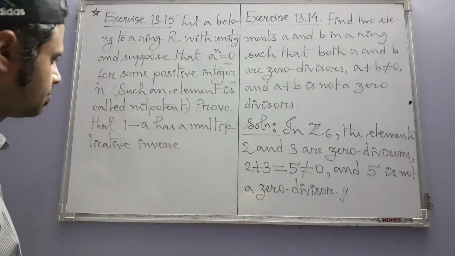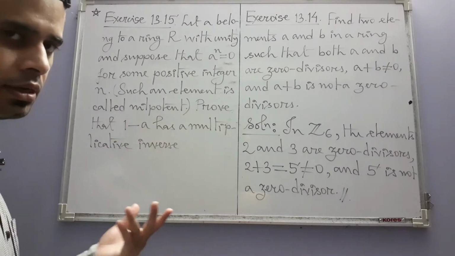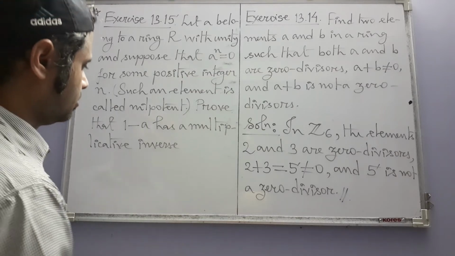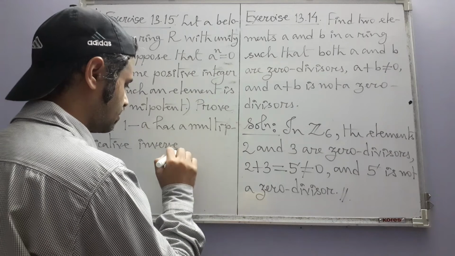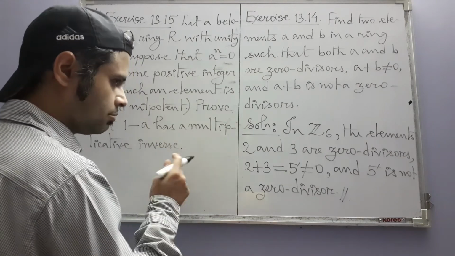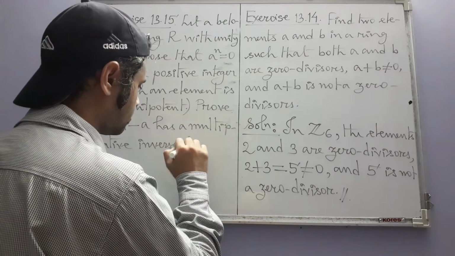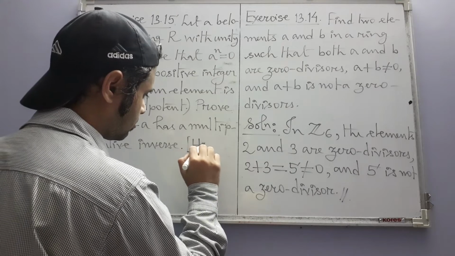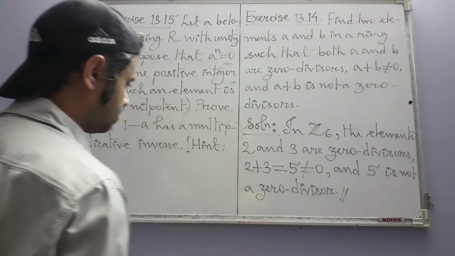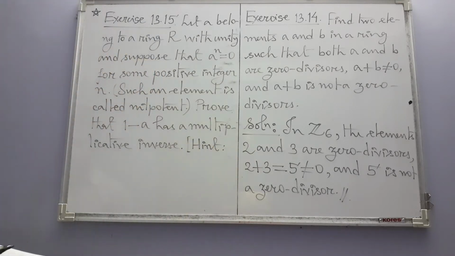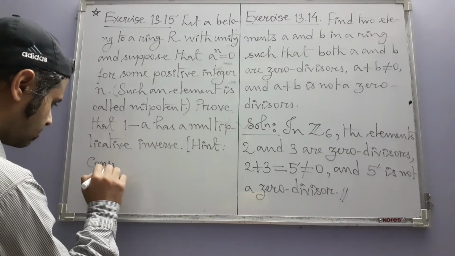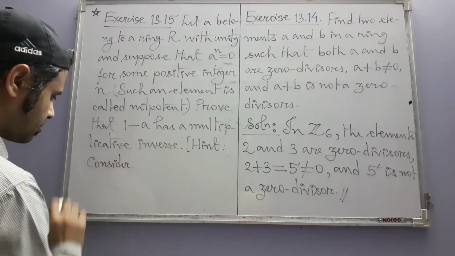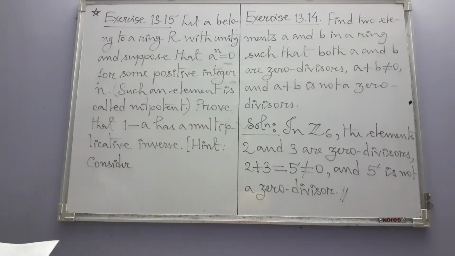That means we have to prove that 1 minus A is a unit in the ring, and a hint is given which pretty much gives away the solution. So because of this hint, I am actually not going to do anything. I'll just tell you what you have to do.